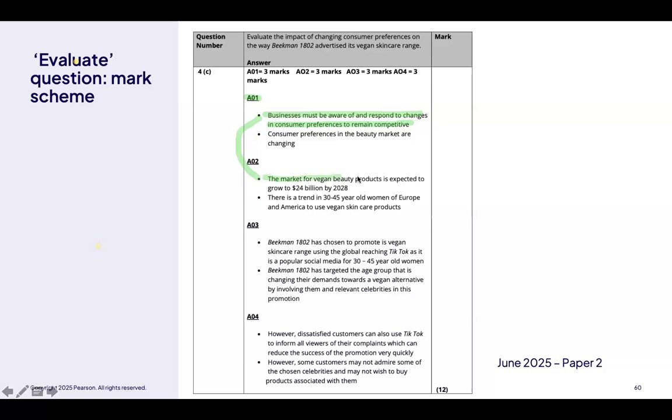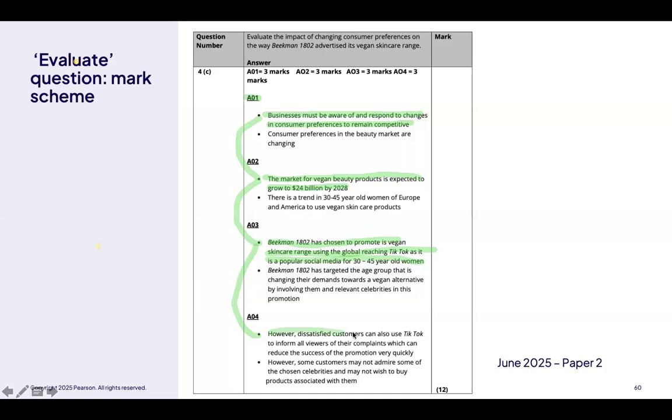So if you were to extract these sentences, this would become our response. Following on from that, the market for vegan beauty products is expected to grow to $24 billion by 2028. That then links to this bullet point. Beekman has chosen to promote its vegan skincare range using the global reach of TikTok, as it is a popular social media for 30 to 45-year-old women.